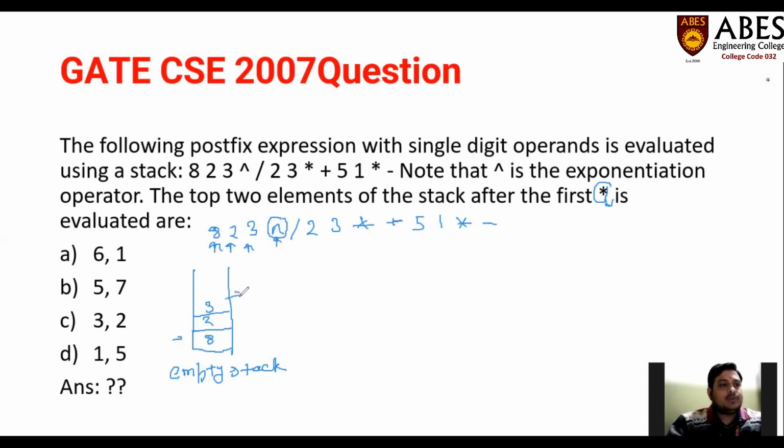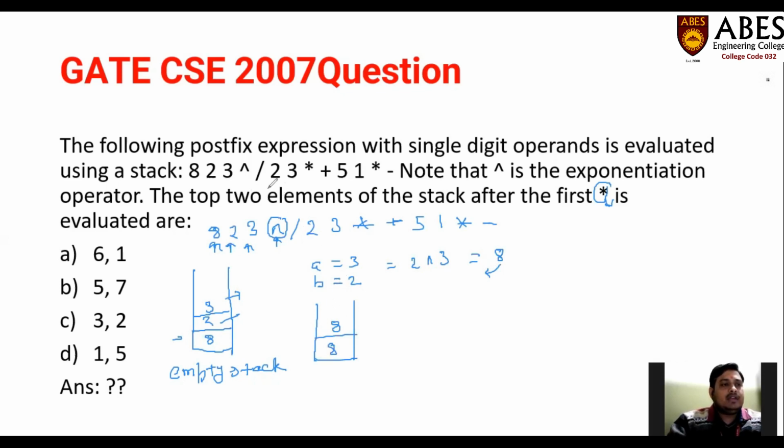So we pop two symbols from the stack, a equals 3 and b equals 2, and perform b operation a. That means 2 to the power 3, which is 8, and we push this result back onto the stack. We had already popped the 3 and 2, so the top of the stack is 8, and now we push this 8 again onto the stack. So 8 and 8 are the symbols on the stack.